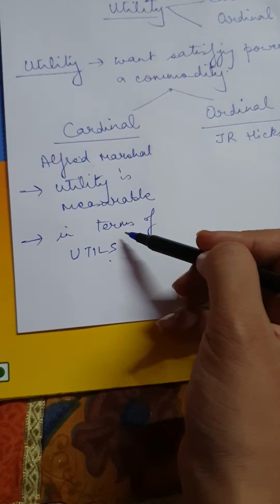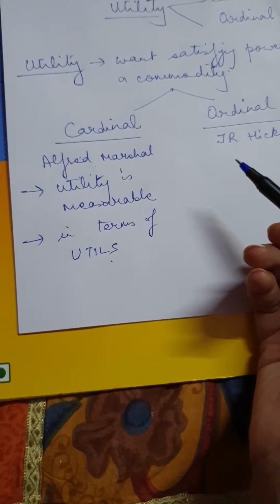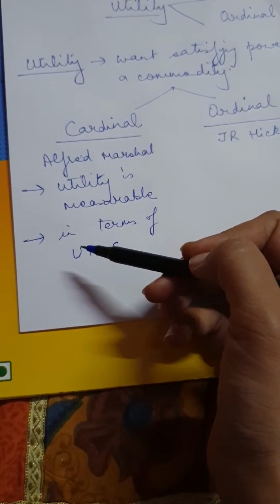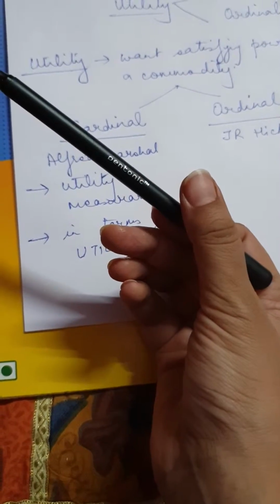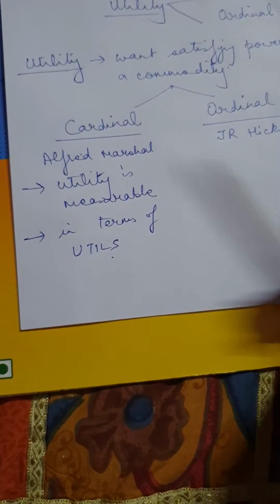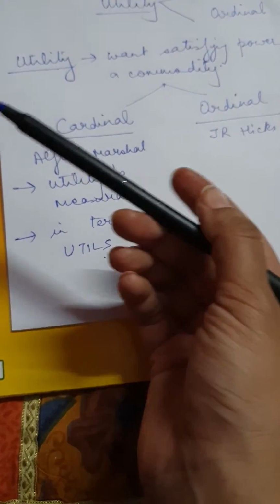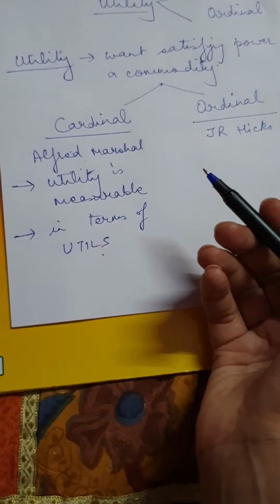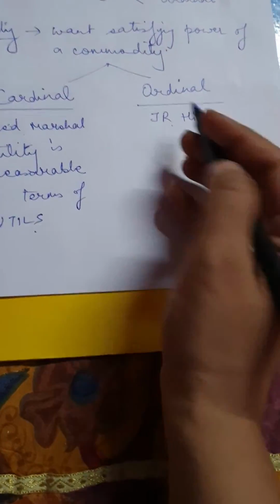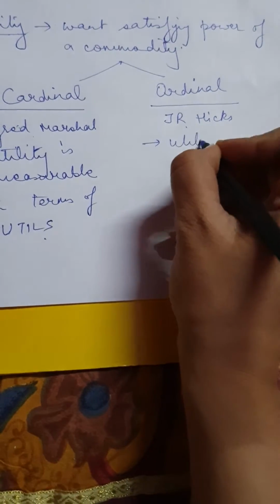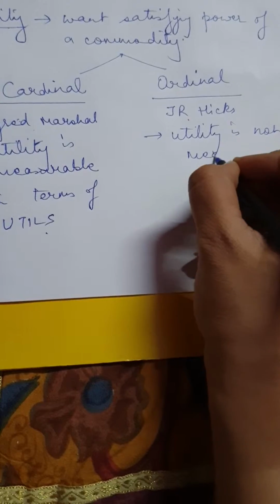But later it was found that every person will have a different level of satisfaction. For example, for me, this pen gives 10 utils of satisfaction. But for, let's say, a child who is 3 years old, this pen may not give any satisfaction, 0 utils. So it differs from person to person. Therefore, J.R. Hicks came up with a concept that we cannot measure utility. He said utility is not measurable.